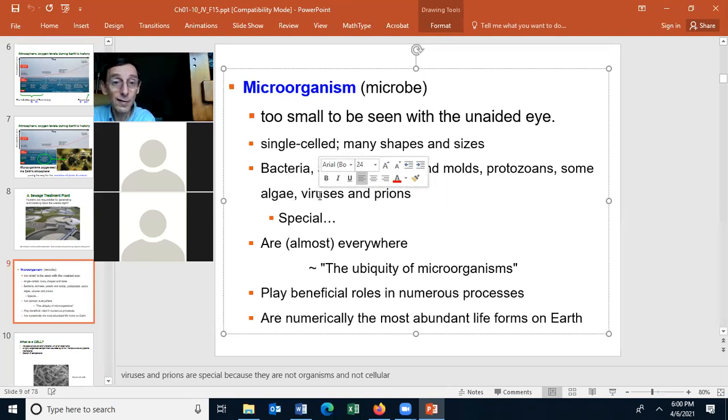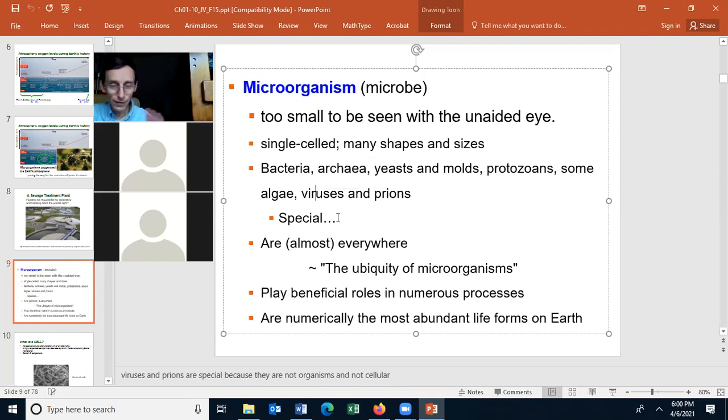And then two special microorganisms, which you might not call organisms, viruses and prions, and they're special because they are not cellular. We call them acellular. They don't have cells. You could even argue that they're not an organism, that they're a virus or a prion.